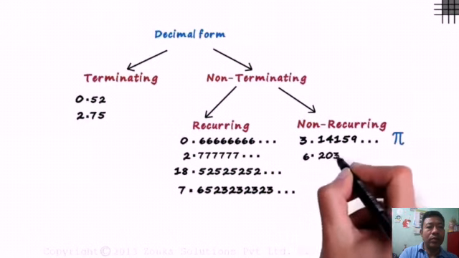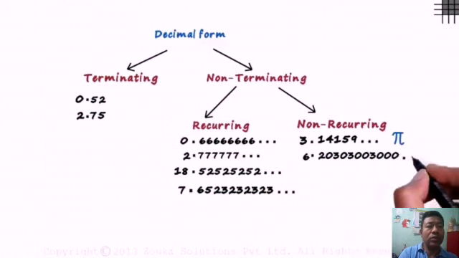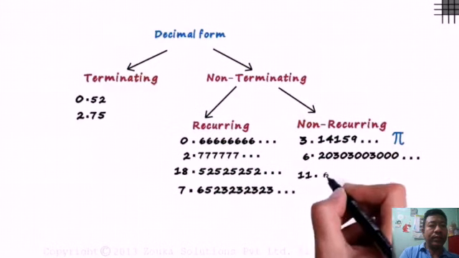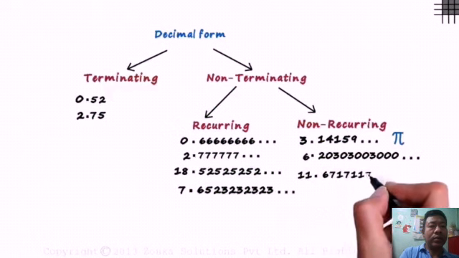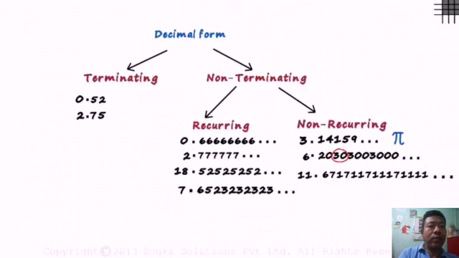We can also have another example, 6.2030300. Can you see any pattern repeated? No. Another example is 11.671, 7117, 1117, 1111 and so on. Here 30, another is 300.